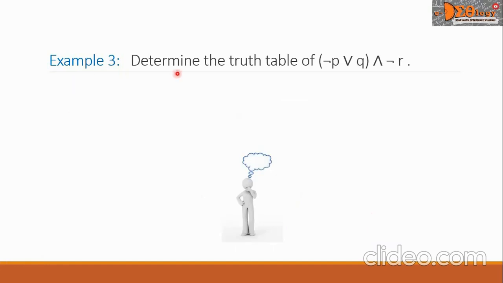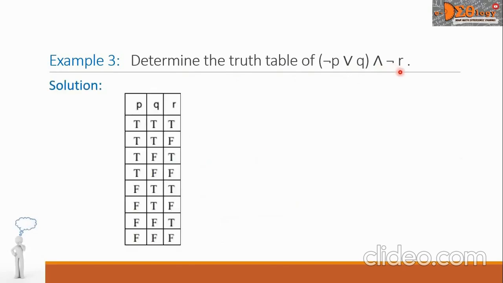Example 3. Determine the truth value of the compound proposition not P or Q, and then not R. For our solution, let us write three columns for P, Q, and R. Here we need 8 rows for each of the propositions.